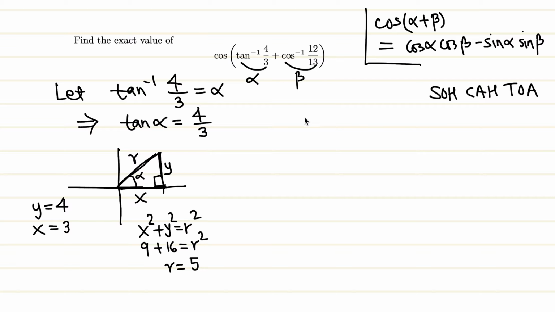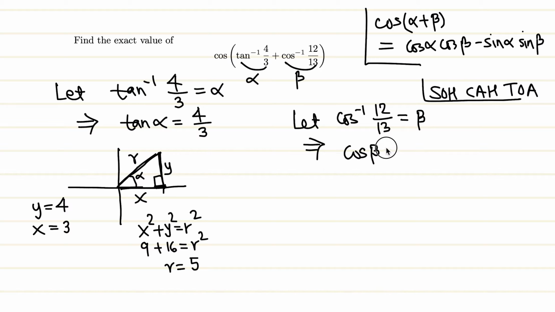Now we do the same thing. Let the second angle, cosine inverse of 12/13, let's say this is beta. That is the same as cosine beta equals 12/13. Now we can draw a right triangle based on this angle beta. Okay, again plus means first quadrant.